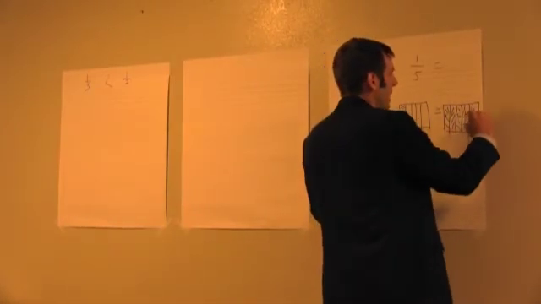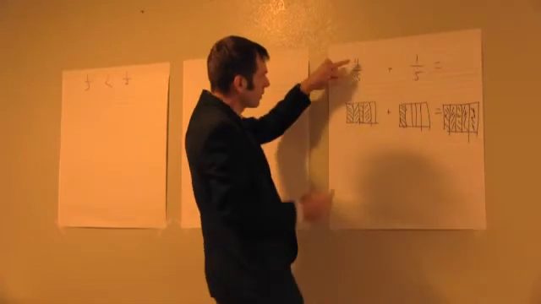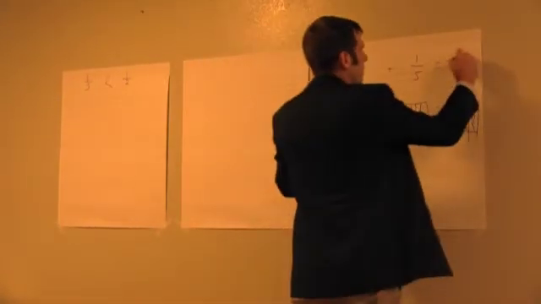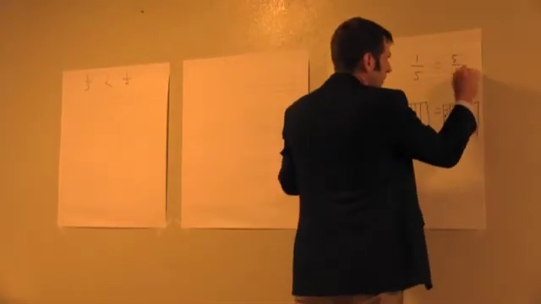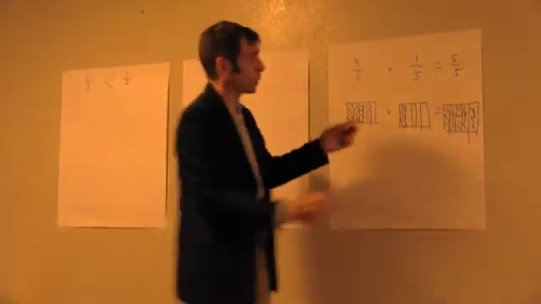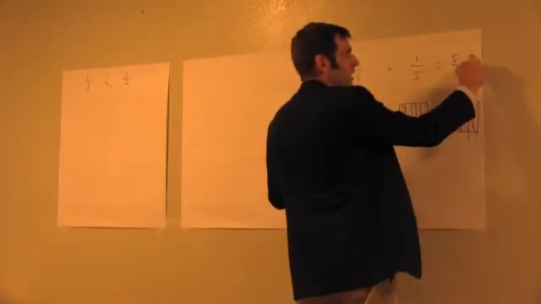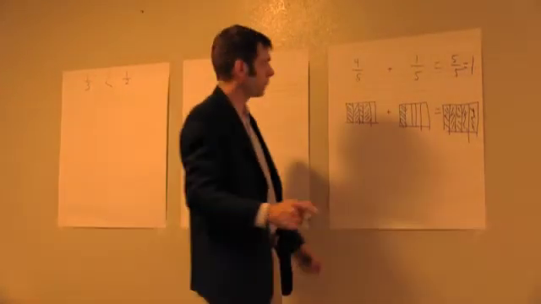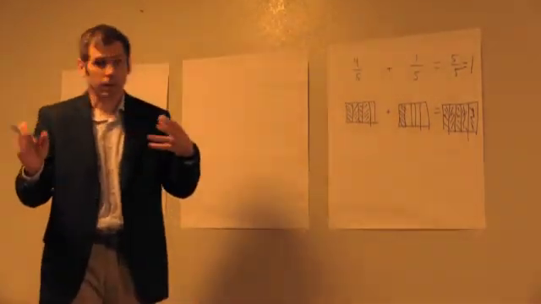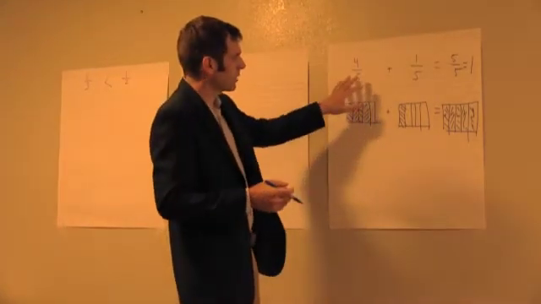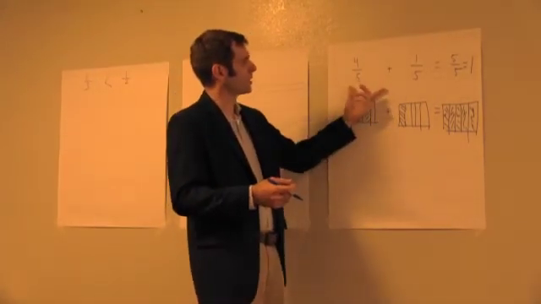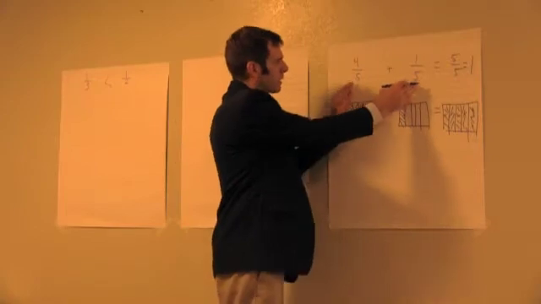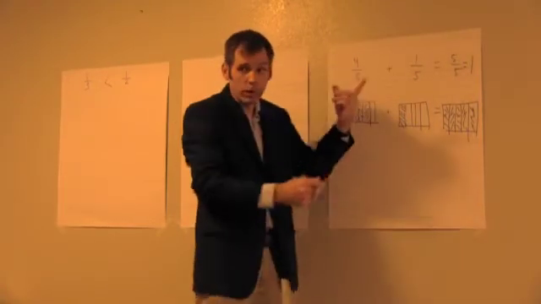And so in the last class, we saw that 4/5 plus 1/5 is exactly 5/5, right? And of course, 5/5 is the whole thing, or 1. We also talked about how when we add two fractions that have the same denominator, then we can add their numerators.